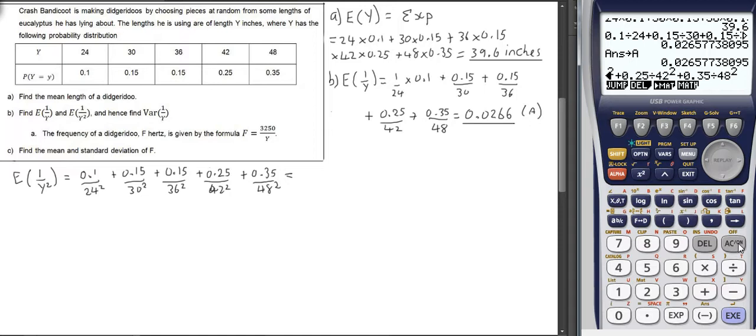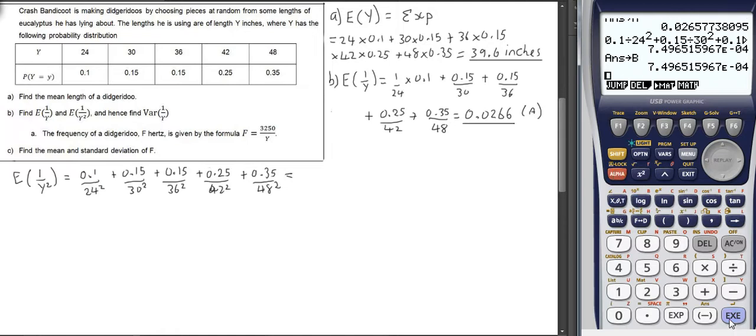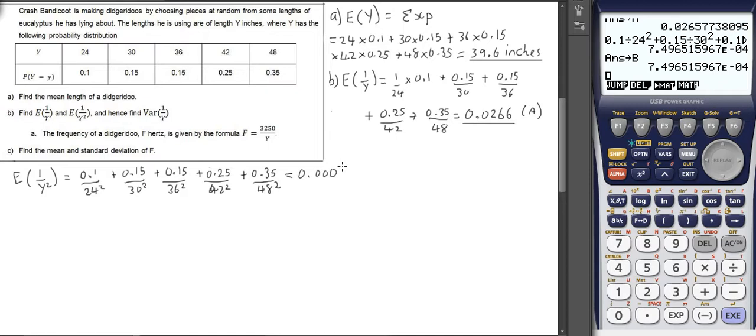Just have a little look at that. I think that's right. Oh, and there's a horrid number, and I'm going to put that straight into B. So we get 0.0075023 and so on, but again, I'm going to call that B.